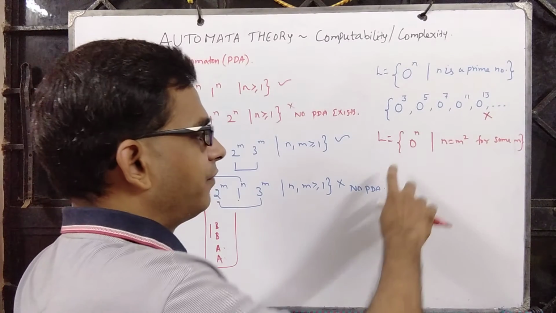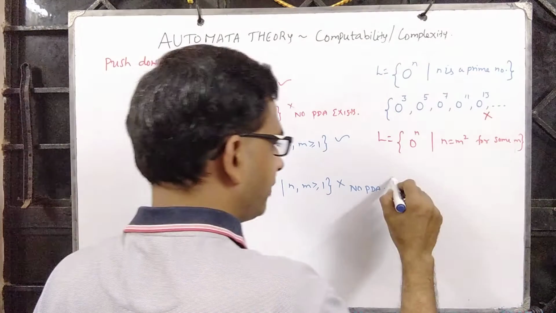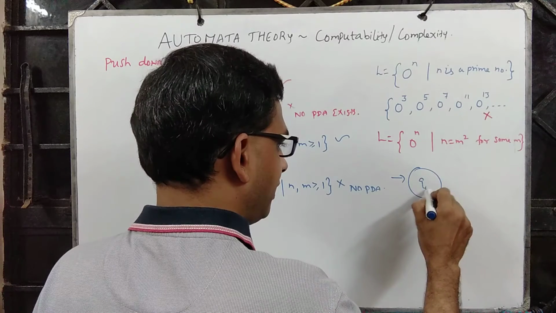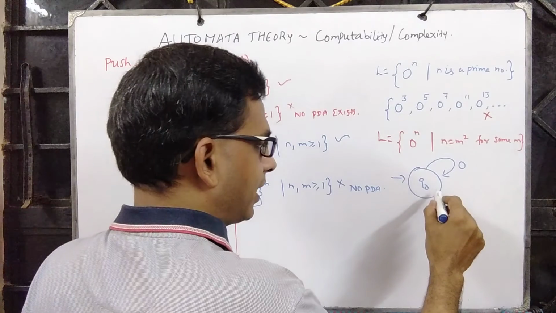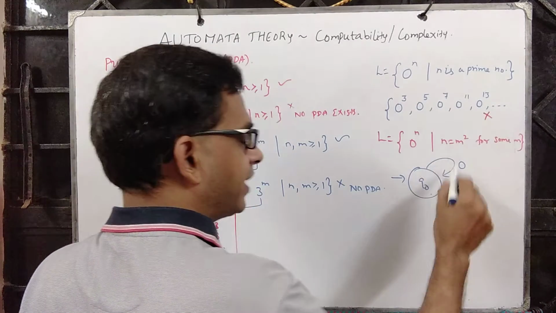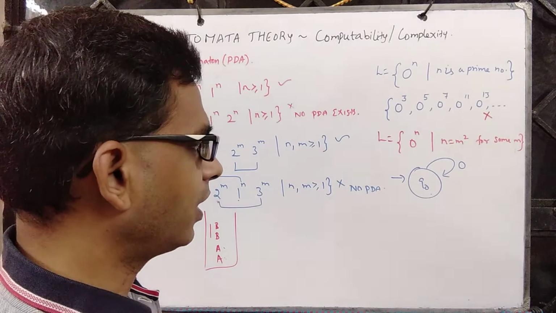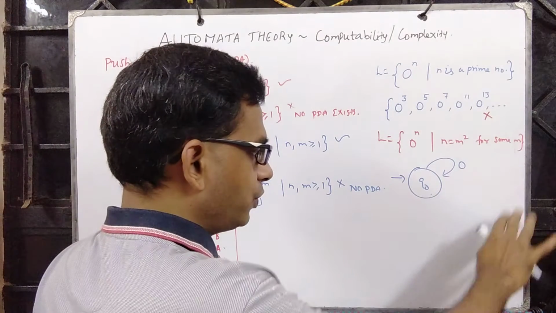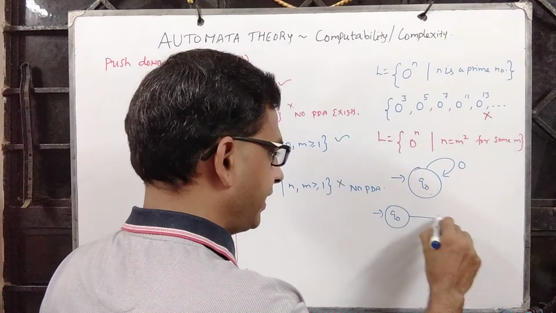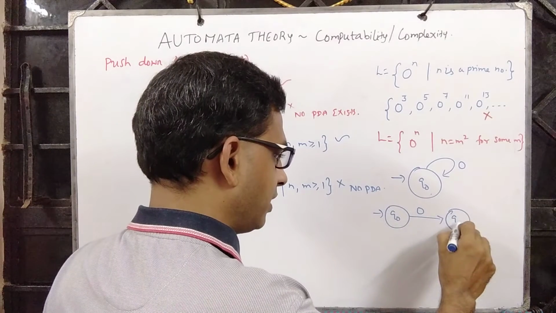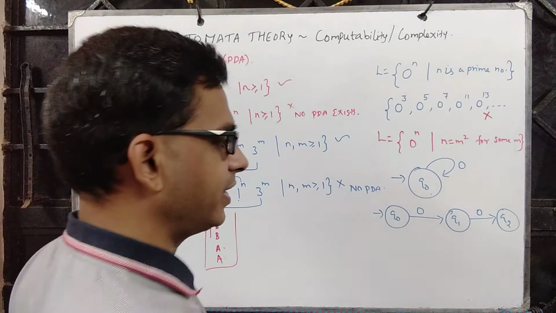Now when you start reading zeros, the machine can only read zeros and go through a loop, but being in Q0, one cannot tell that the number of zeros read is so much. And even if you go through a sequence of states, for example, on reading a 0, I go to Q1, on reading another 0, I go to Q2, the number of states is finite in nature.